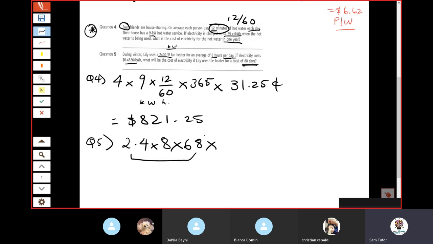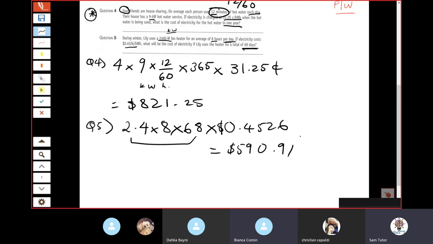For the whole 68 days, you're going to times that by 0.4526 dollars this time, not cents. And whatever answer it gives you is the actual answer we're looking for. 590.91456. So 590.91. Because we're dealing with money now, you've just got to round to the second decimal place. Good job.